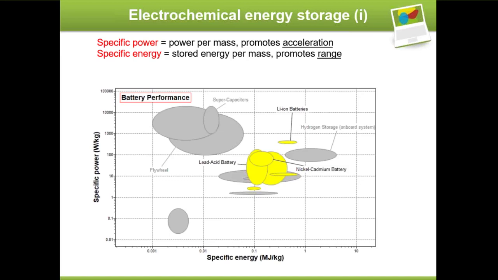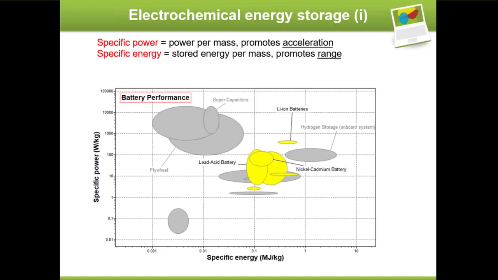So the batteries need to be light enough that we can transport them around, and also small enough so that we can fit them into the car without making the car much bigger. We're going to look at, in this slide, specific power and specific energy.